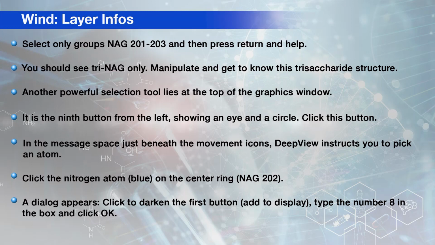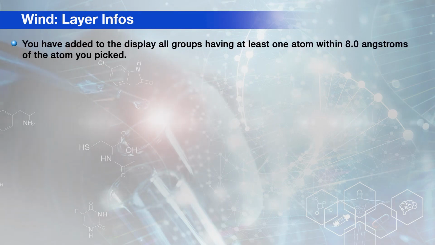A dialog appears. Click to darken the first button, add to display, type the number 8 in the box and click OK. You have added to the display all groups having at least one atom within 8.0 angstroms of the atom you picked. You may need to click the side heading in the control panel to add the side chains.